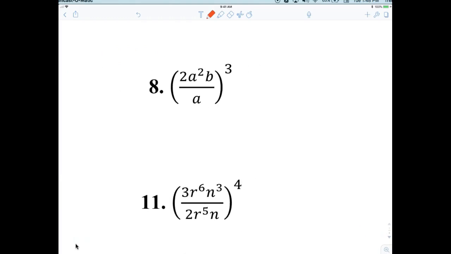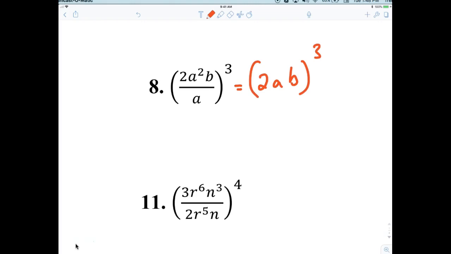Uh-oh. Now, let me go through this one because this is a little bit different because it involves an exponent, okay? So listen to me, please. I always tell my kids it's easier to simplify what's inside the parentheses first. So when I simplify the inside, I want everybody to be able to tell me that's simplified to 2ab cubed.